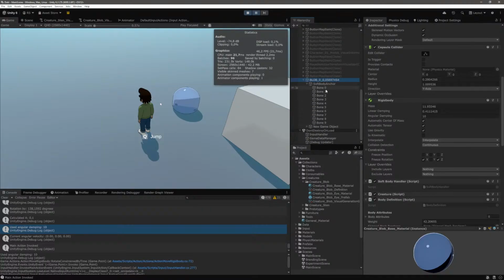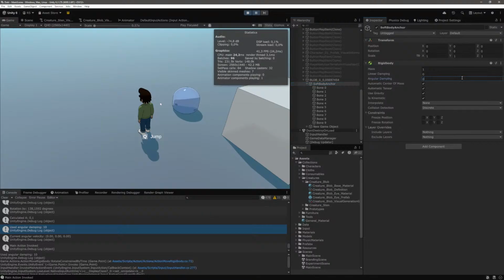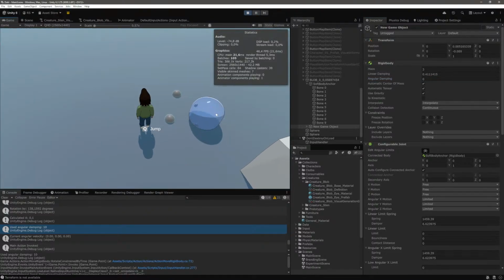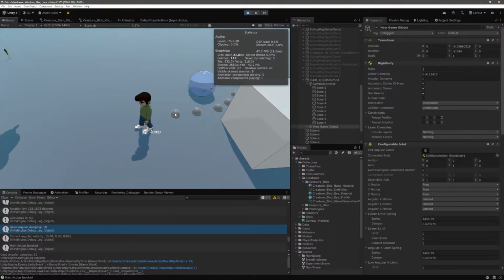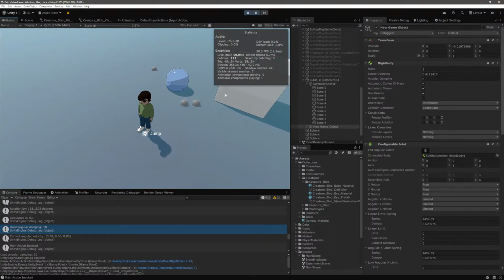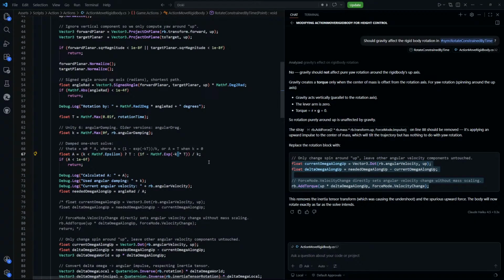Still think angular damping 0. It depends on K and T, which are the same. Yeah, they're the same at all times.